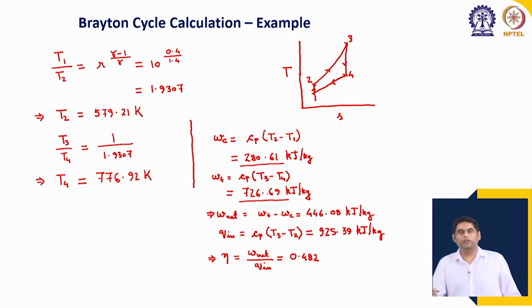Those of you who have studied power plant engineering or steam turbines might have noticed there that the compression process requires very little work, because it is done in liquid state, whereas the turbine work output is orders of magnitude higher as compared to the work required for compression. Unlike that, for gas turbines the compressor work requirement is a significant portion of the turbine work. This is important, and that is why the efficiency comes down, and there are ways to mitigate this to increase the efficiency.